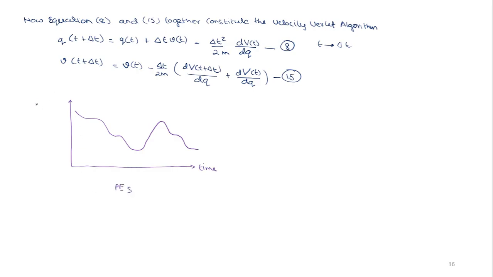On the y-axis we have positions of atoms, or simply coordinates of atoms in your protein system, which we have designated as q, and we can also plot the velocities of the atoms that are present in your protein system, indicated by small v, which might be something like this.